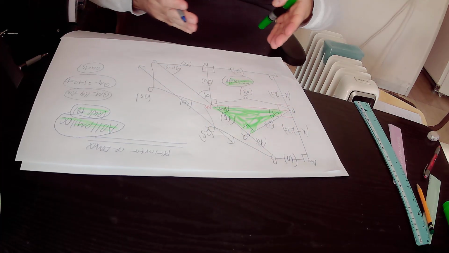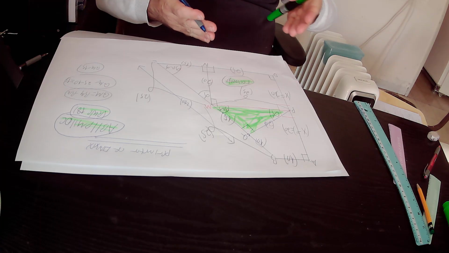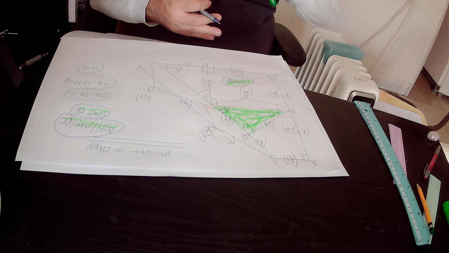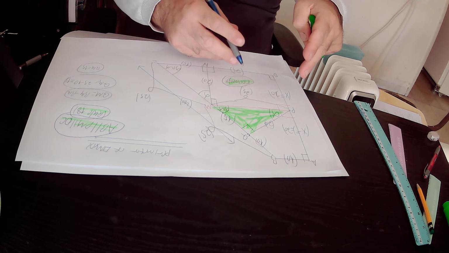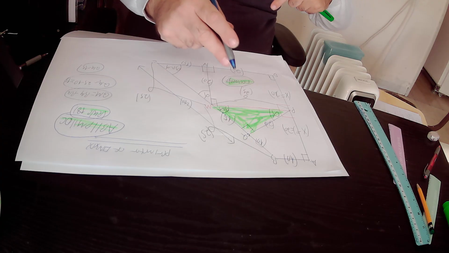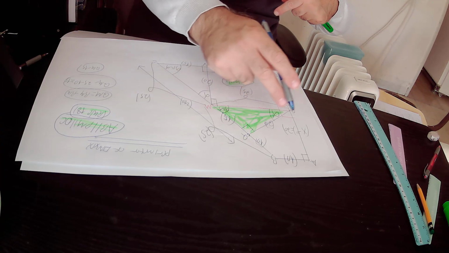And you know that the perimeter of this quadrilateral ABCD, that is actually trapezoid ABCD, equals the sum of its four side lengths.